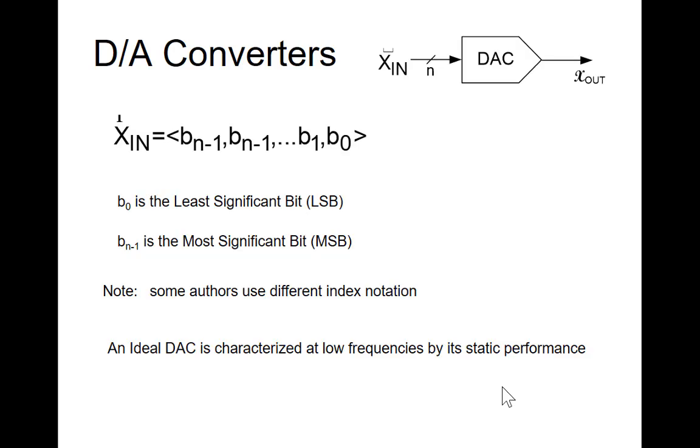The Boolean input is assumed to be n bits wide. We oftentimes will use B0 to denote the LSB and Bn minus 1 to denote the MSB. Most authors use this notation, but some will use different notation.